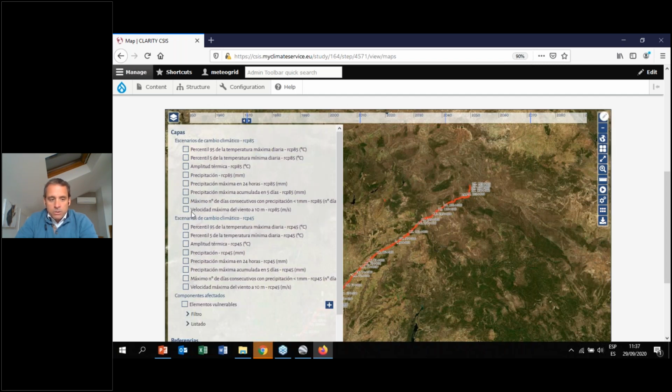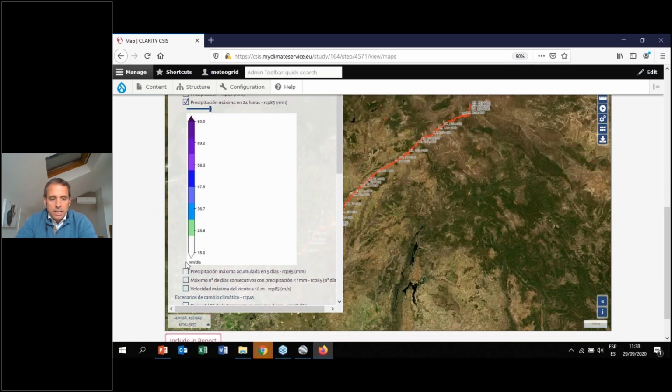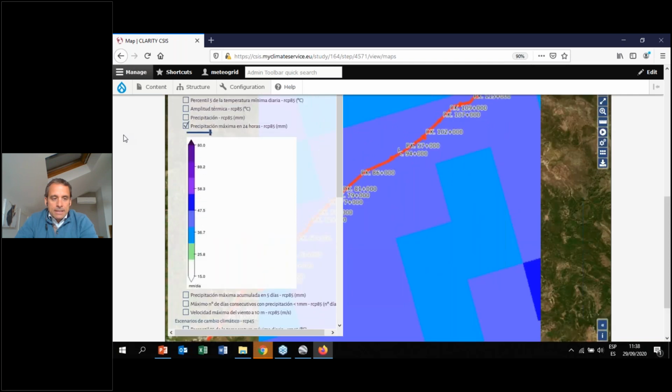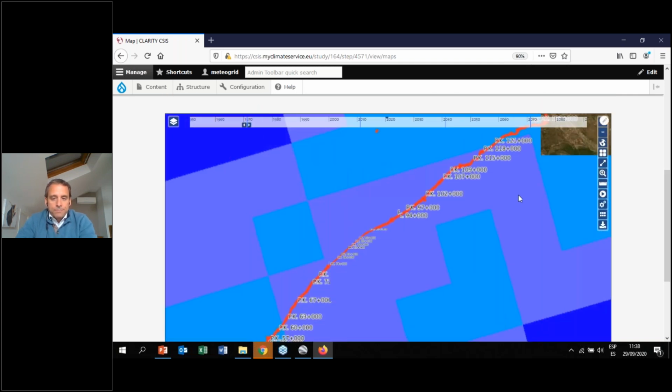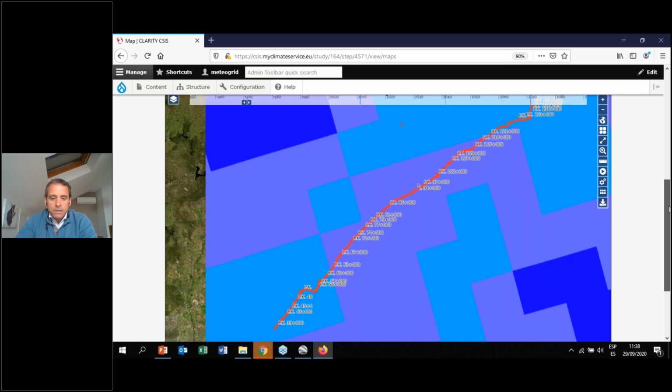And right now, for example, I'm going to show you the maximal precipitation in 24 hours. Here we have the color scale in millimeters per day. Let me see again. I think you can feel the difference.